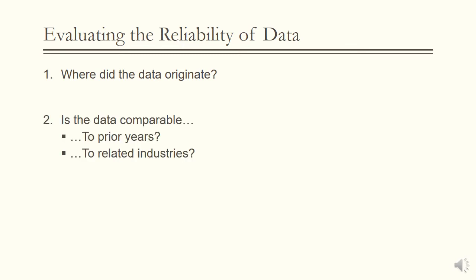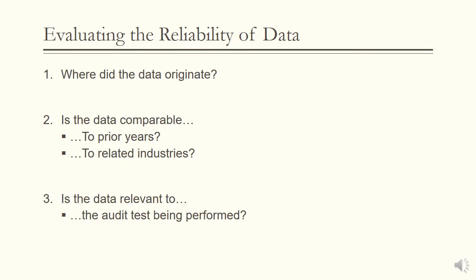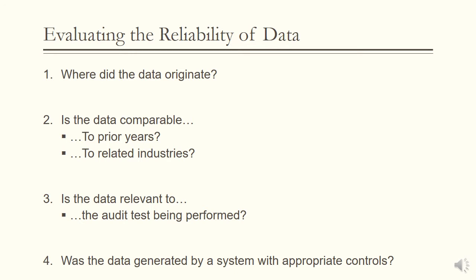They'll evaluate whether the data is comparable at a high level to prior years and to related industries. They'll evaluate if the data is relevant to the relevant assertion and the audit tests being performed. And perhaps most importantly, they'll determine whether the data was generated by a system with appropriate controls. The more reliable the system that generated the data, the more trustworthy your analytical procedures will be.